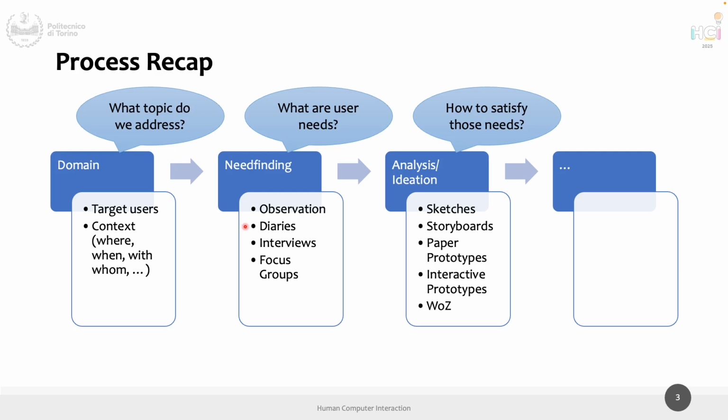And then today and in the coming weeks, when we talk about prototypes, we're going to talk about different levels of prototyping, including the ones written here: paper, interactive, and WOZ, that stands for? It's a movie. It's a book also. Wizard of Oz, yes. And then we will continue with the process.